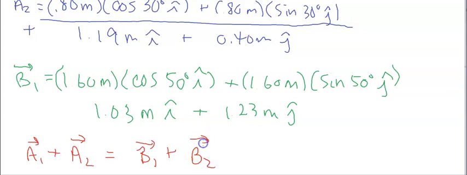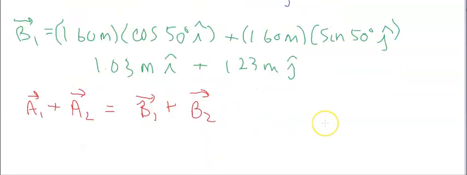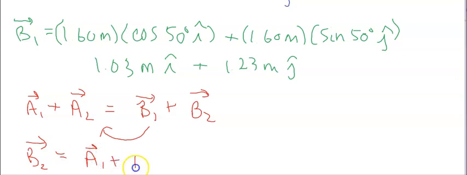We have all of these except for B2. To solve for that, we're just going to move B1 to the other side, and we can get vector B2 by taking A1 plus A2 minus B1.